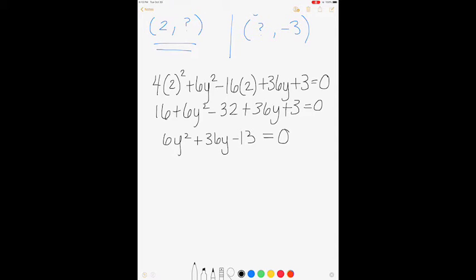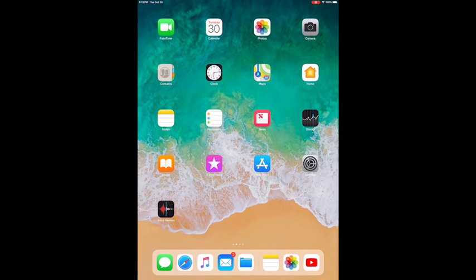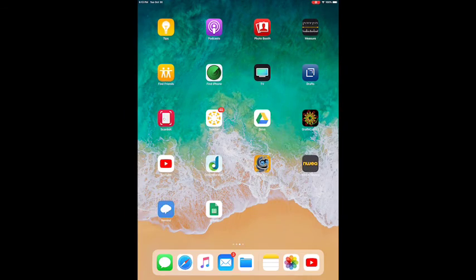So, off the top of my head, I'm not really feeling like that's going to factor. So, we're going to do y1 and y2. Here's my calculator.